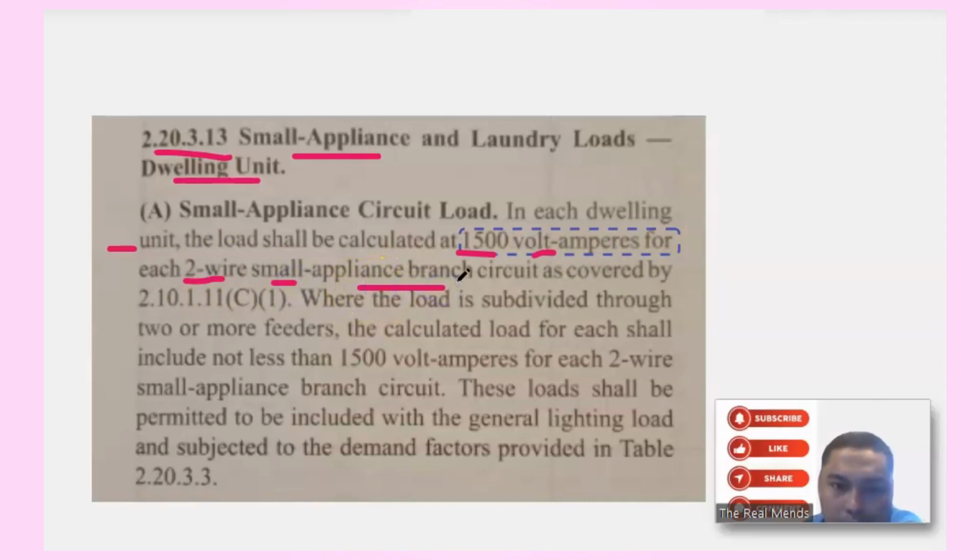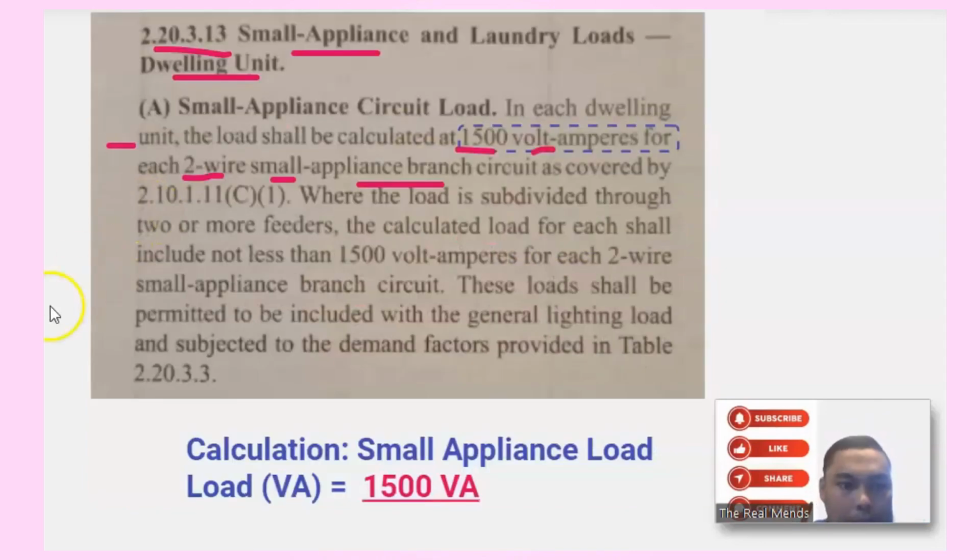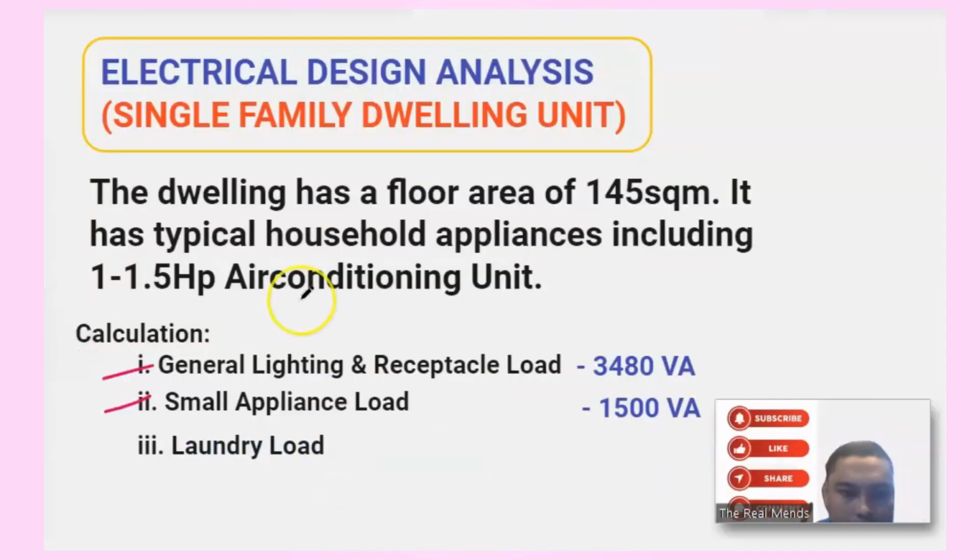So pag small appliance circuit load daw, yung ating load shall be calculated at 1,500 VA. Actually, the value is given, so for our calculations for small appliance load, that is 1,500 VA. So let's use this value dun sa ating calculation. Okay, so we have here small appliance load 1,500 VA.